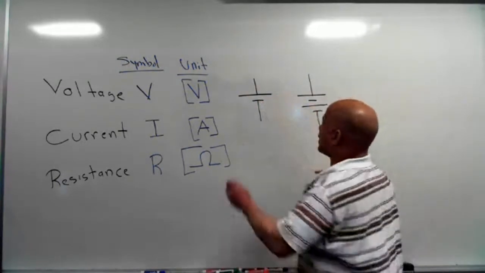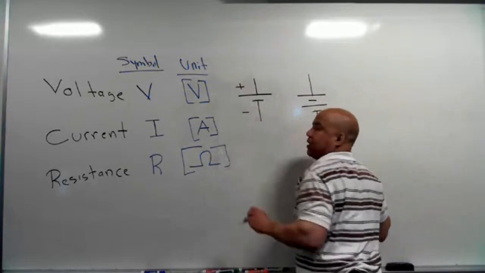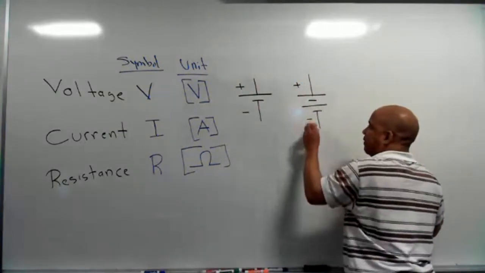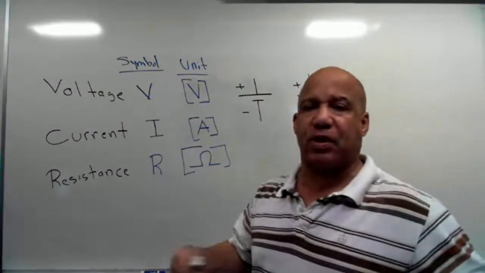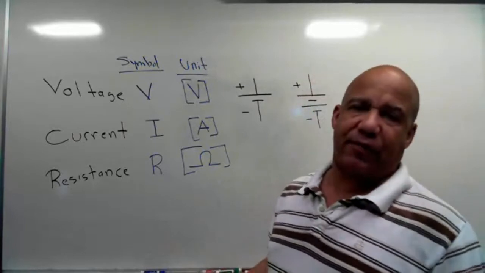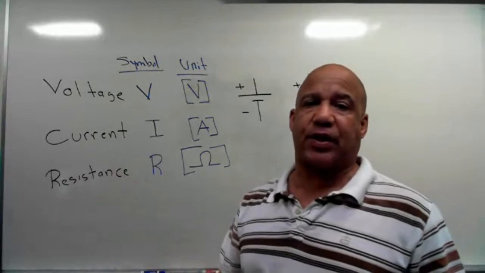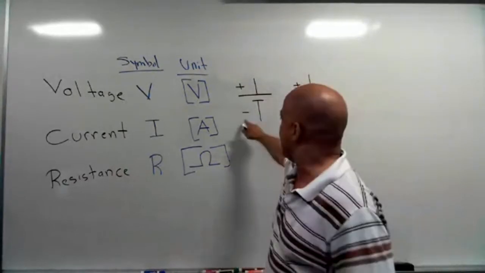The long line is a positive polarity. The short line represents the negative polarity. And over here, long line, positive, short line, negative. So when you deal with voltage, then you have this concept of polarity, plus and minus. You're probably familiar with that. If you ever jumped a car battery, you know one terminal on the battery is positive, where they're talking about this. And the other terminal is negative, they're talking about this.